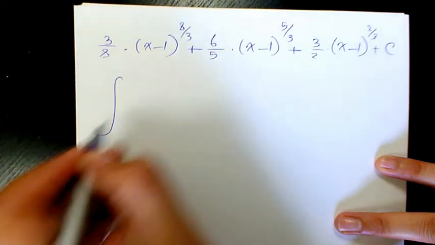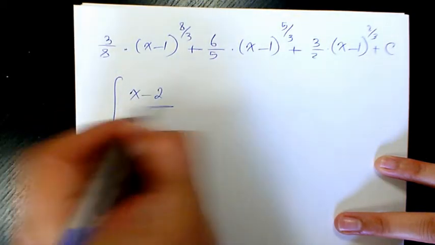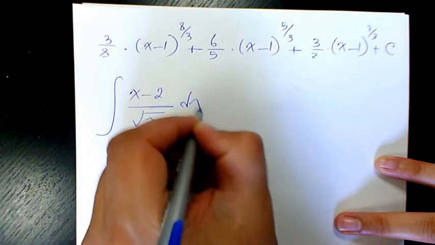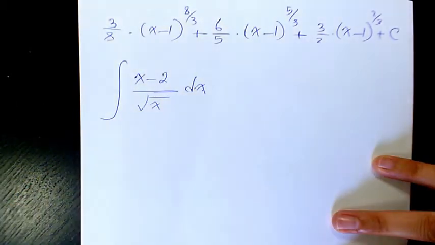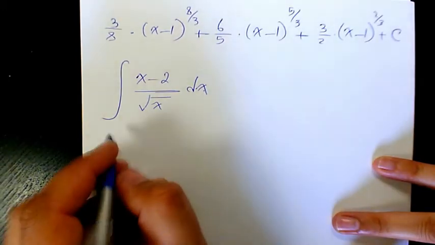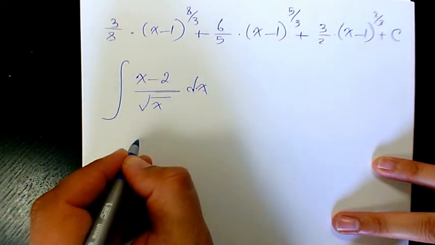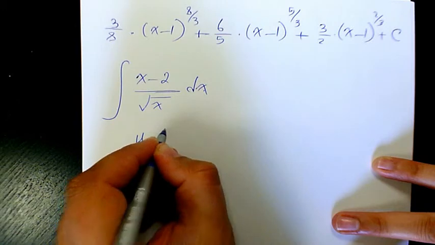Next example, the integral of x minus 2 over root x dx. So I'm going to have u as root x.